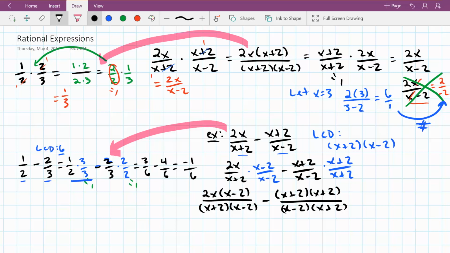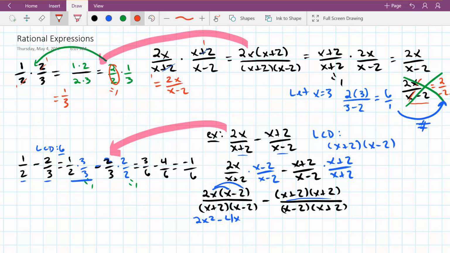I chose to do an example with the subtraction because another common mistake is, when we put this all in the numerator, oftentimes with subtraction we forget that we're subtracting everything up here. Okay, so 2x times x, 2x squared. 2x times negative 2, negative 4x.